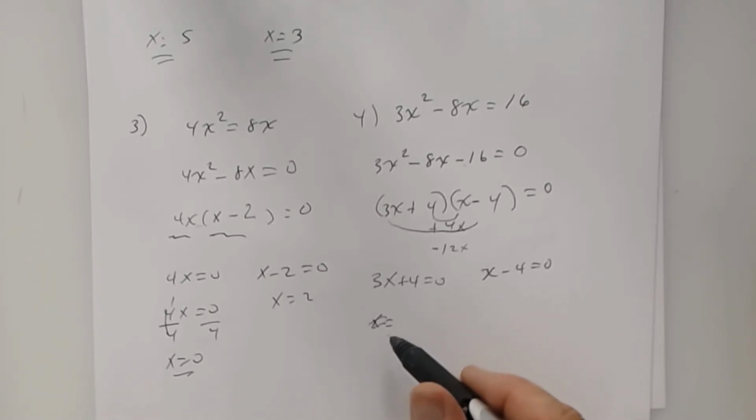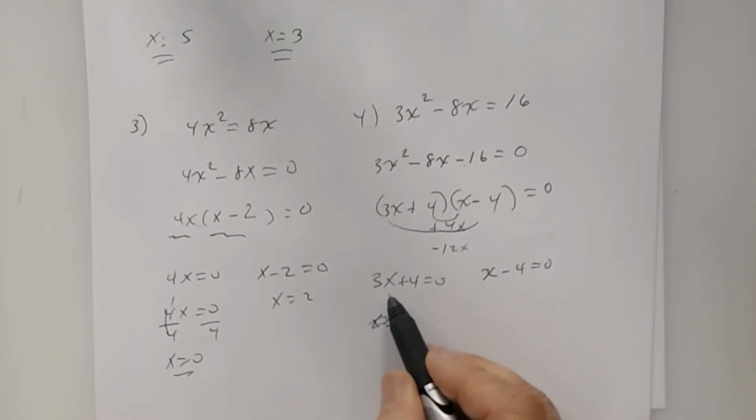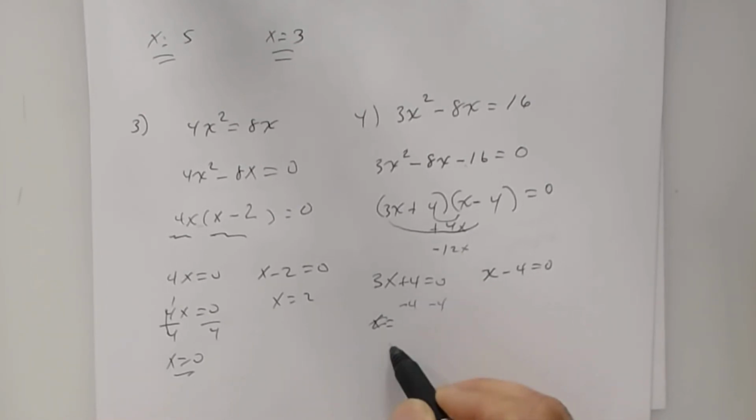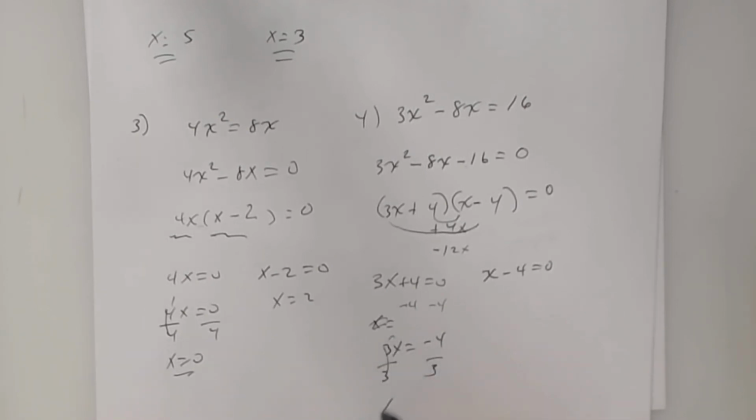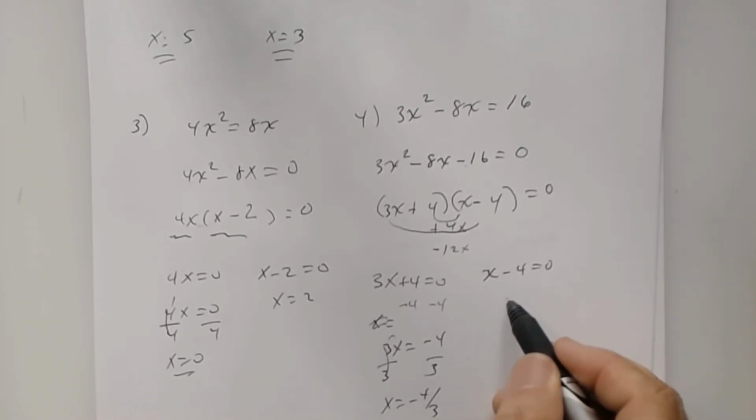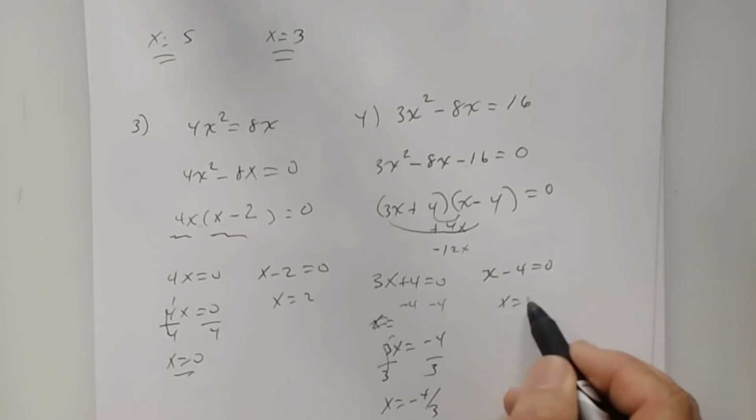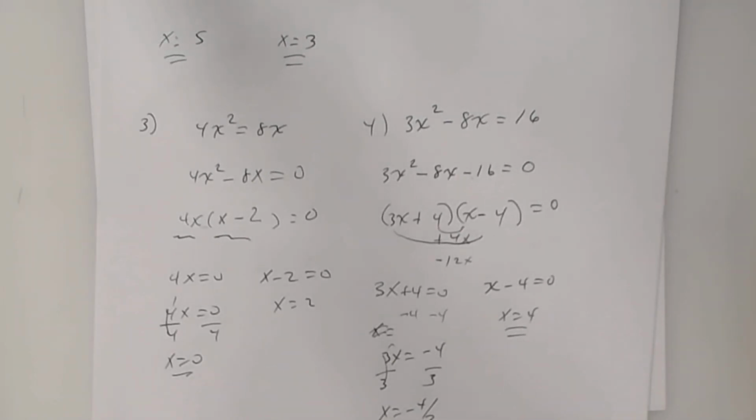He said it's 0, so I got to do the work. To get x by itself, I got to do what to both sides? Subtract 4. So I get 3x equal what? Negative 4, and then divide by what? 3. So it's not 0, it's what? Negative 4/3. What's x over here? 4. Right, so those are your two solutions.